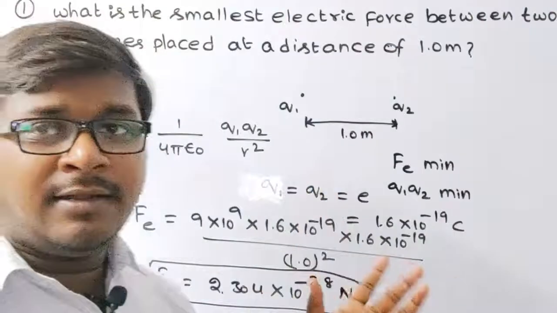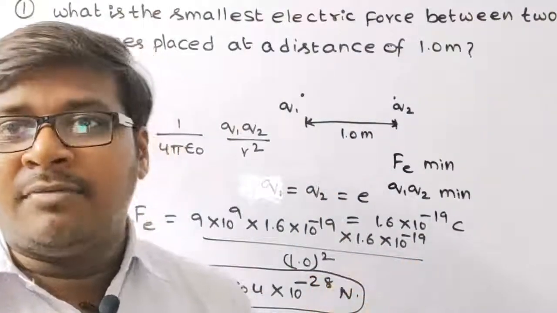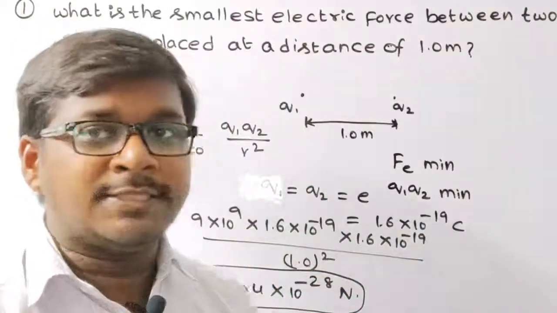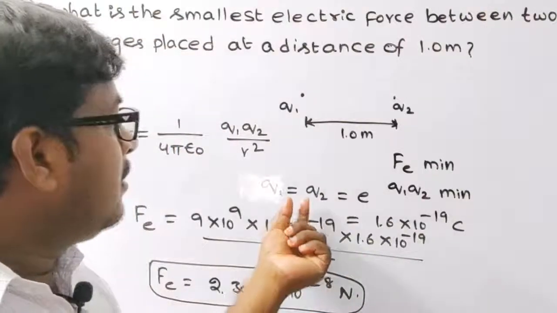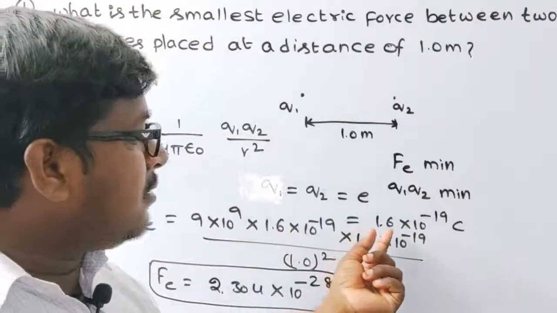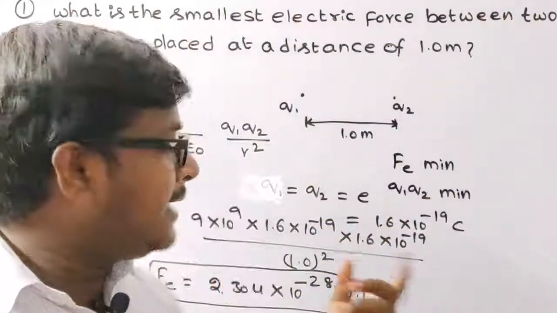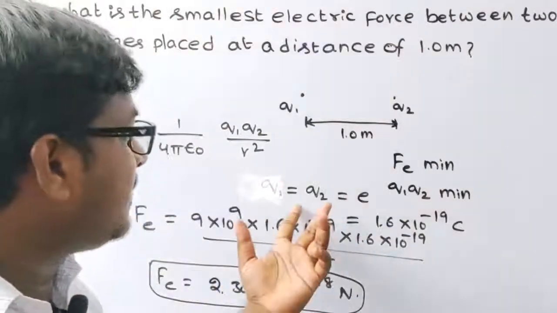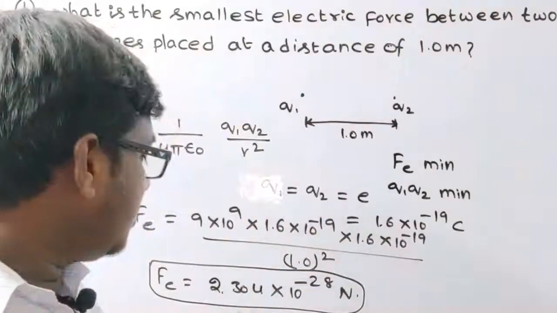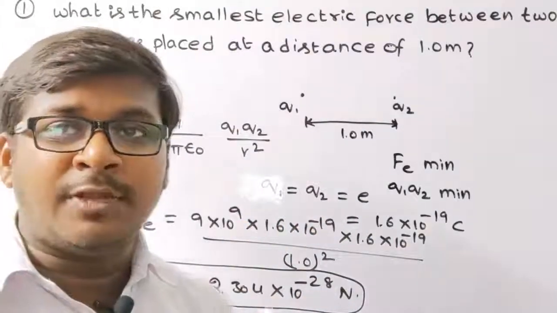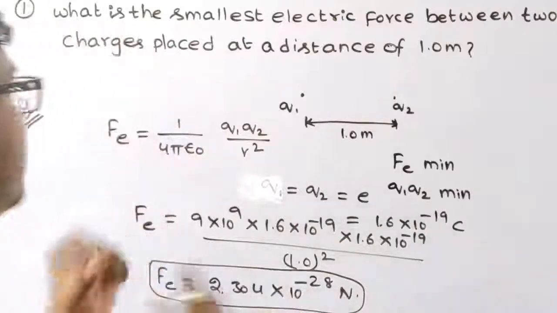Q1 Q2 is a minimum, so a very small force is exerted between the two particles. The charge is 1.6 into 10 power minus 19 coulombs. Substituting that value in place of Q1 Q2, we find the electric force 2.304 into 10 power minus 28 Newton. This is the first problem.